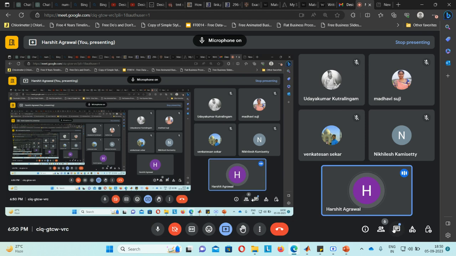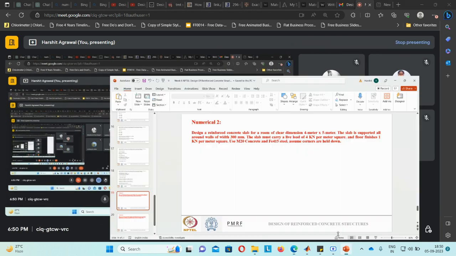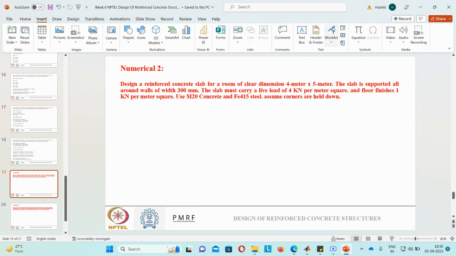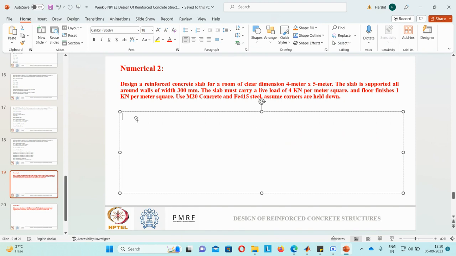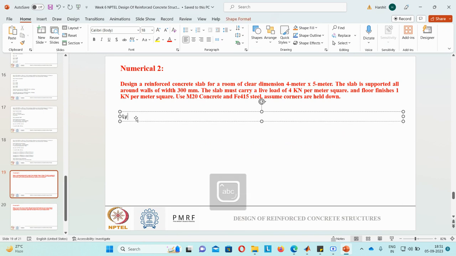Okay, so let's see the solution now. The format of the design will be the same as how we did in the last question. We will calculate the moment and then we'll calculate the area of reinforcement and spacing, but there are a couple of changes in this question that you need to make sure of. So what is given: my ly is 5 meter, lx is 4 meter.